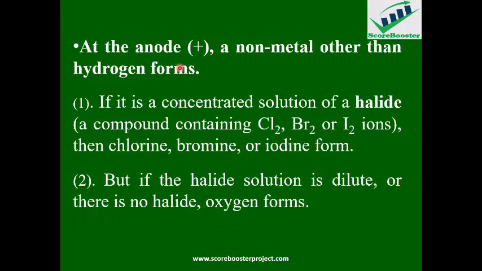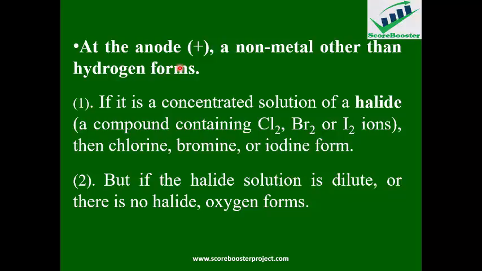At the anode, that is the positive electrode, you have either the non-metal or the oxygen that is formed. Number one, if it is a concentrated solution of halide, like we have a compound, sodium chloride, sodium iodide, sodium bromide, potassium chloride, then the chloride forms.